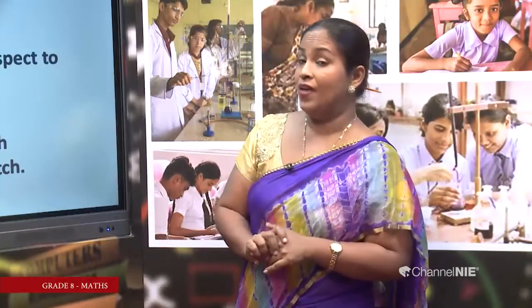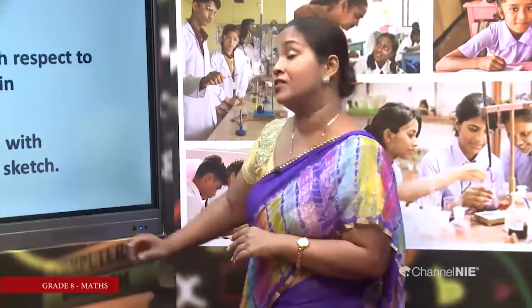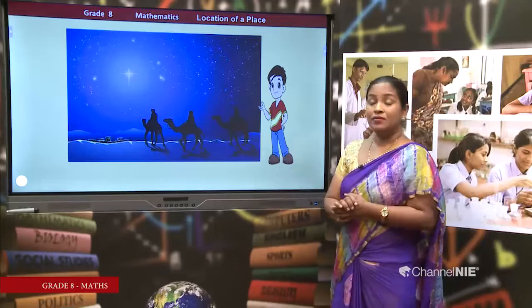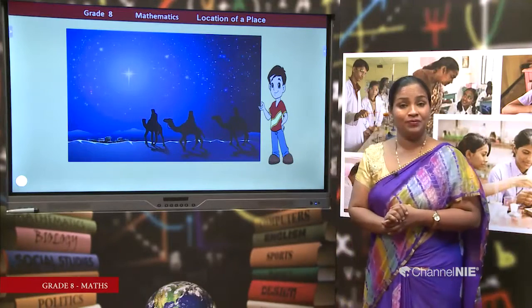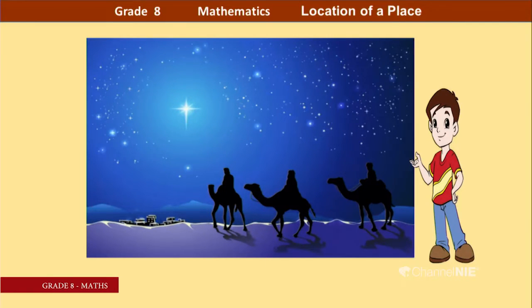Okay. Before that, I want you to revise the things you know about the directions. What can you see here? Yes, it's a picture. You see some camels, and is it daytime or night time? It is night time.